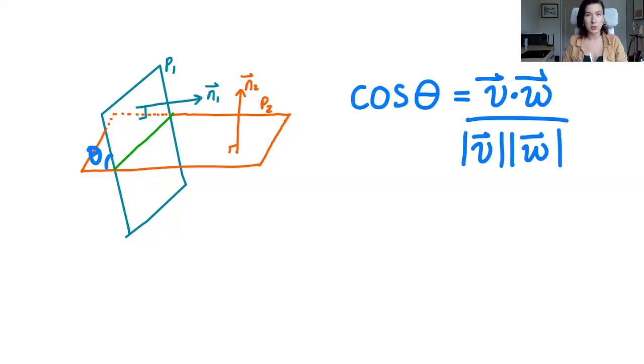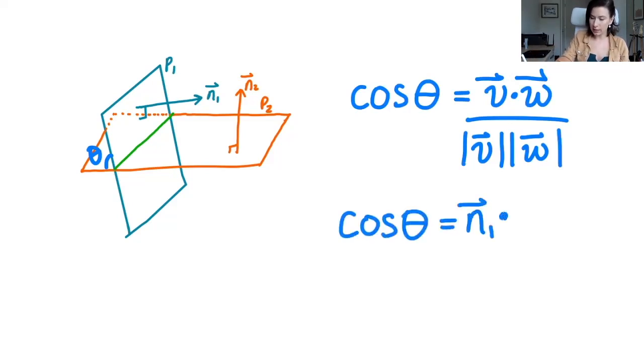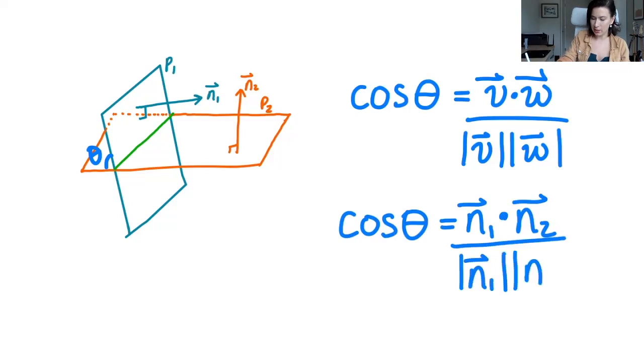In the case of two planes, the angle between them can be defined by those normal vectors. And so we would have that cosine of theta would be equal to n1 dotted with n2 divided by the magnitude of n1 and the magnitude of n2. Since we know the component values for n1 and n2, we can go ahead and solve for theta.